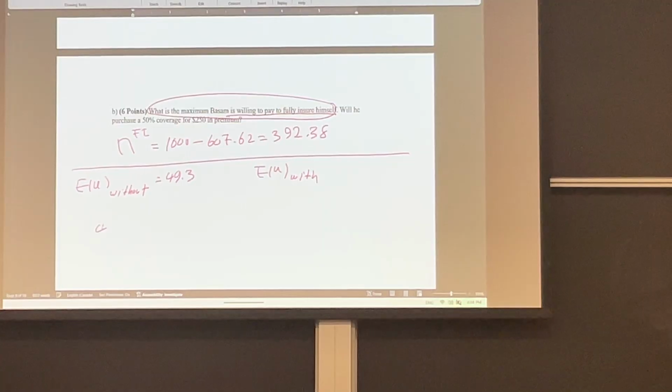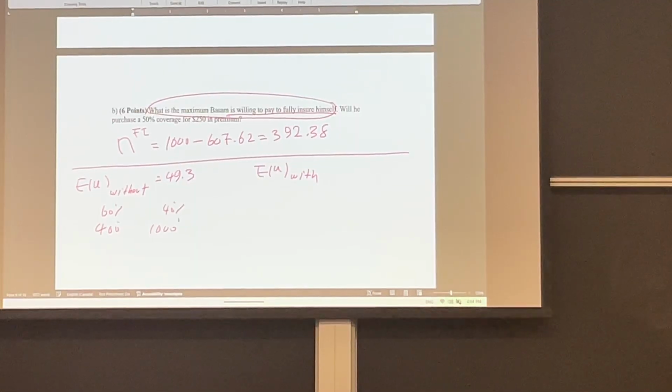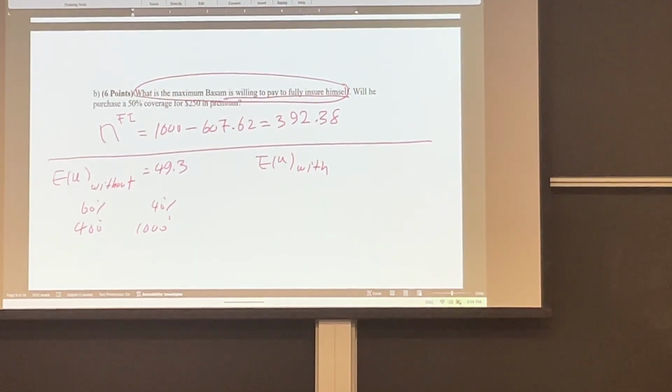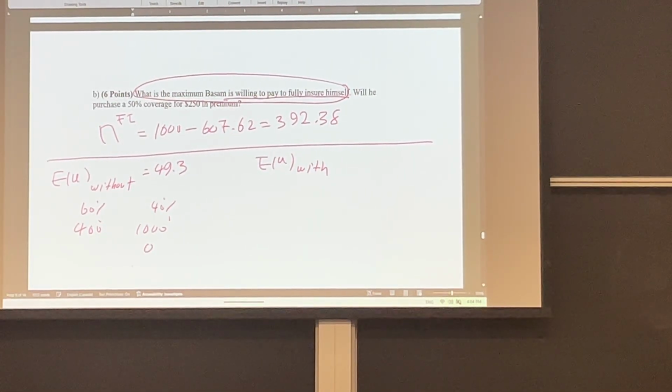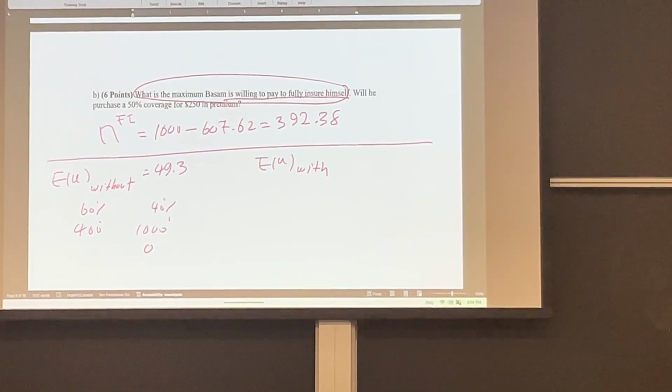So let's see what happened there. This is your own money. That's the probability of it. If you buy 50% coverage, obviously here you get nothing. What do you get if you lose? If you end up with 400, how much do you get from the insurance company if there is a 50% coverage? This is your loss.